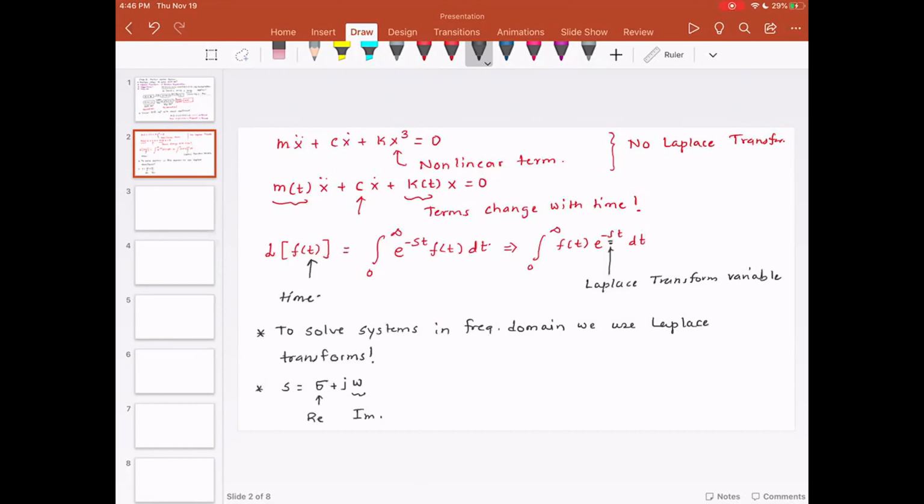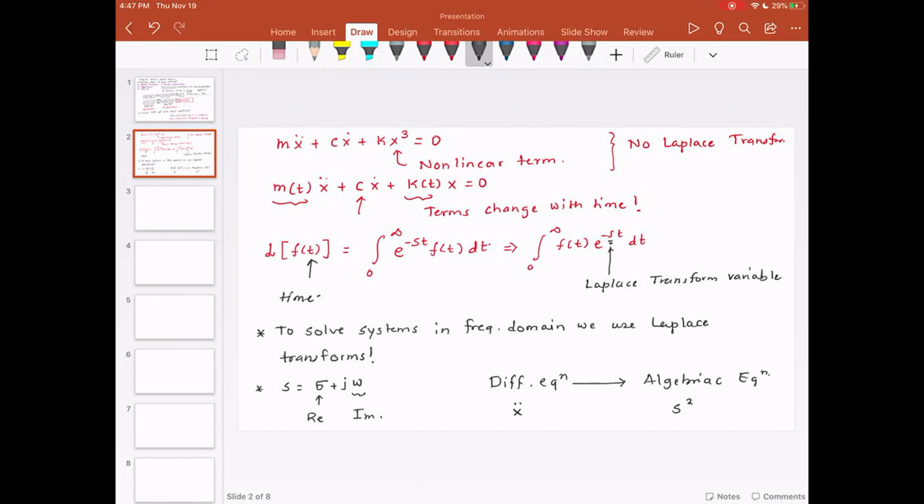But once again, Laplace transform is used to convert differential equations into algebraic equations. So if somebody asks you, hey, what is Laplace transform? You should tell that person without hesitation that Laplace transform takes a differential equation, which is something like x double dot, and converts that into an algebraic equation, which is something like s square.